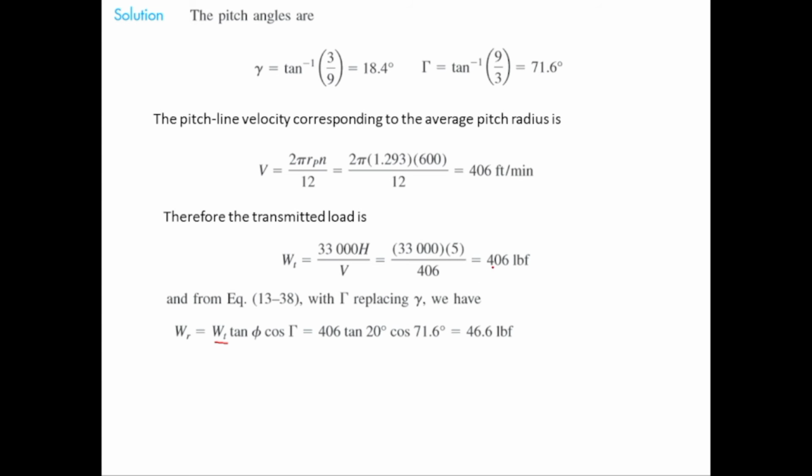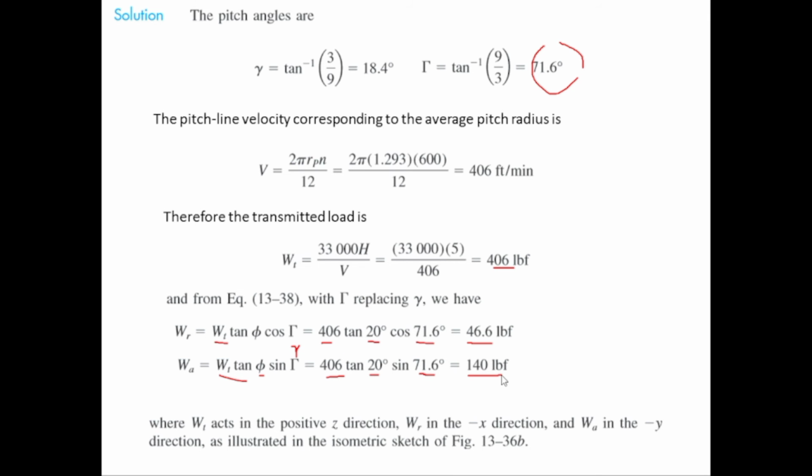Wt is 406, phi is 20 and capital gamma is 71.6. So put these values, Wr equals 46.6 lbf. Similarly, Wa equals Wt tangent of phi into sine of capital gamma. Put these values, we will get Wa equals 140 lbf.